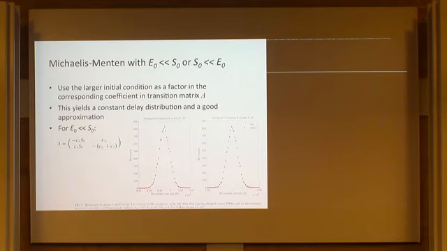Here I show one example, on the left for species S and on the right for species P. The difference here, I believe, is two to three orders of magnitude between the enzyme and the substrate concentration at the initial condition.